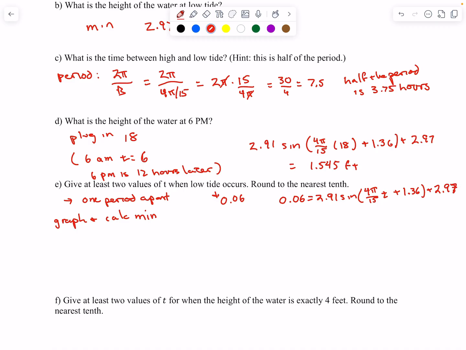First, we get rid of the 2.97. Then we divide by 2.91.